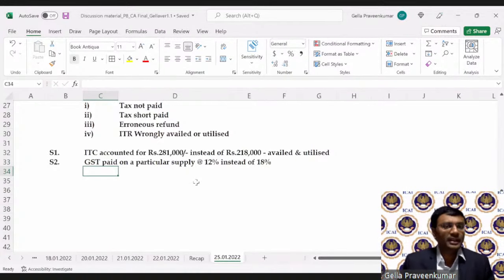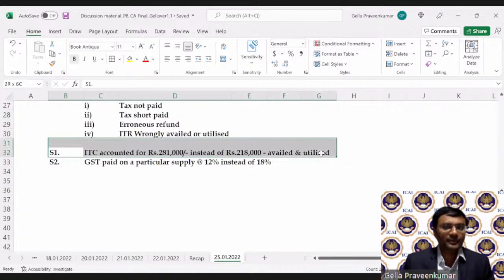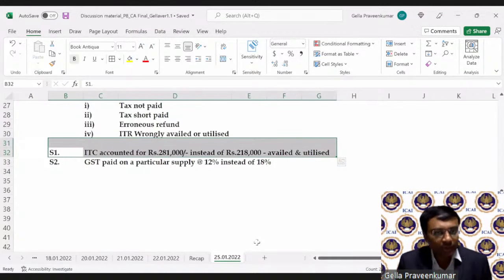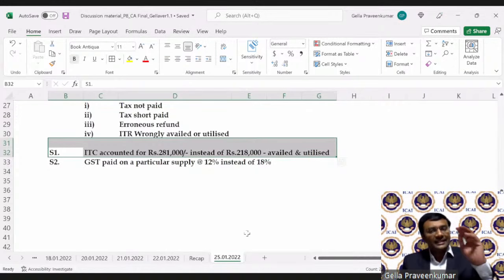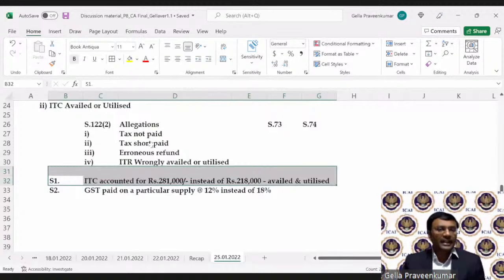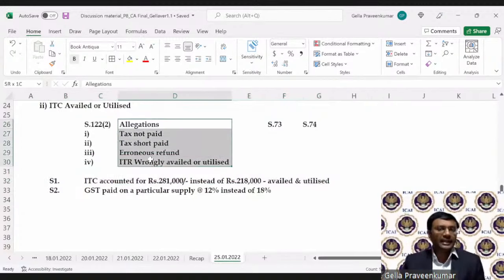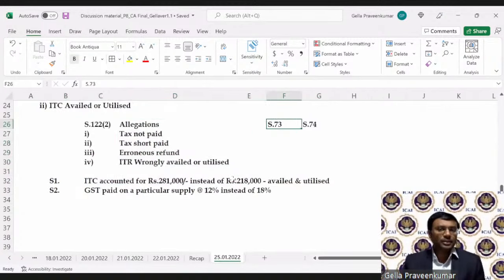Now, let us take the first scenario. Input tax accounted for rupees 2,81,000 instead of 2,18,000. This input tax credit has been availed and utilized.